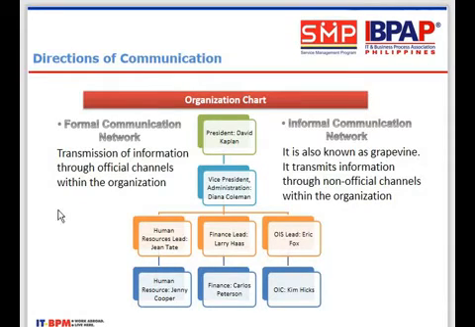Here we have the organizational chart when it comes to communication. As I have said earlier, we have two types. We have formal and informal. Okay, formal communication network is a transmission of information through official channels within the organization.